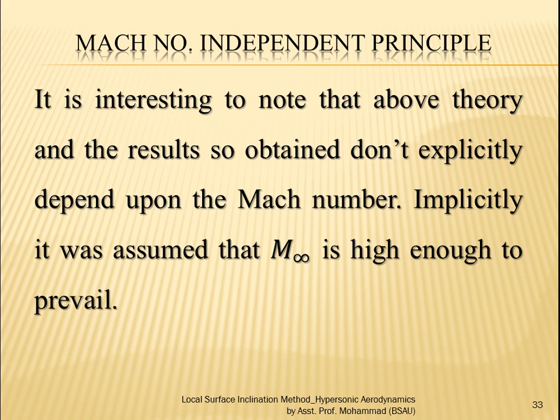Unless the Mach number is very high, we will not get a thin shock layer. Unless we get a thin shock layer, the flow impinging and going parallel to the surface will not depict the Newton analysis. So the Mach number is affecting, but implicitly. Explicitly, it doesn't appear in the equation. That's very clear.